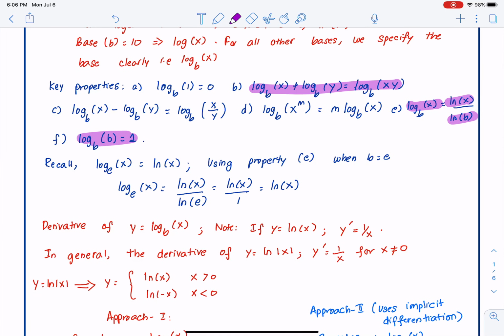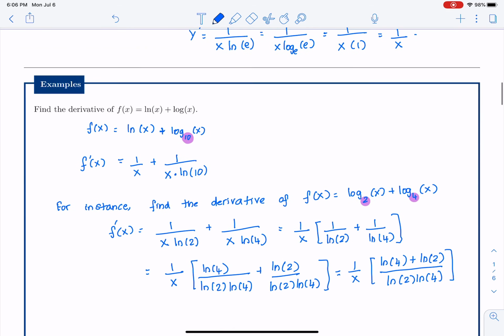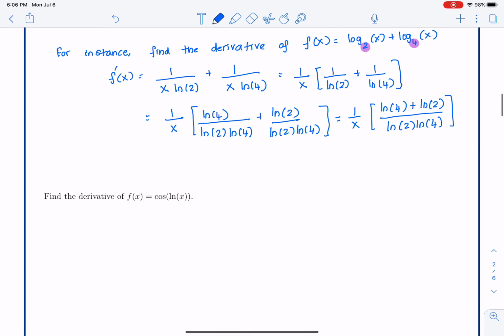b here, would equal ln of 4 multiplied by 2 divided by ln of 2 times ln of 4. But ln of 2 times 4 is simply ln of 8.